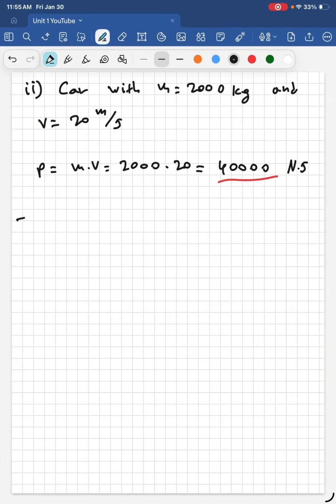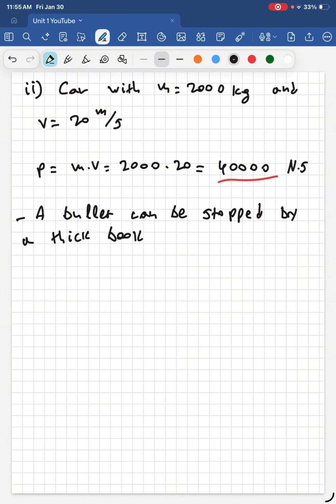So a bullet can be stopped by a thick book. But the car needs a large concrete wall, maybe, to stop.